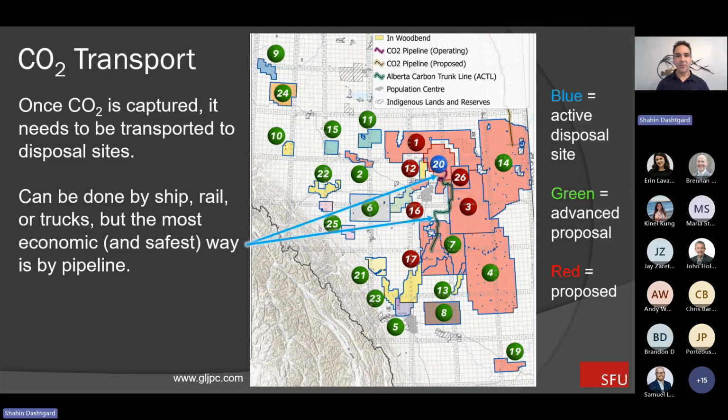Saskatchewan's had one of the longest running CO2 projects at Weyburn, but that's for enhanced oil recovery. In Alberta, they have Quest and there's a number of other projects that are starting up. There's also a lot of talk about the Pathways Alliance to bring CO2 from the oil sands down to east central Alberta. So those pipelines allow the movement of large volumes of CO2 in a safe manner, and that's something that's being considered as well.